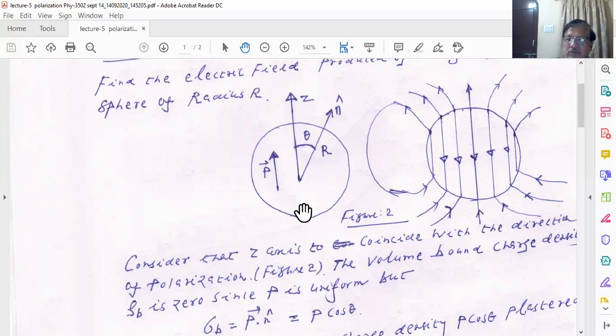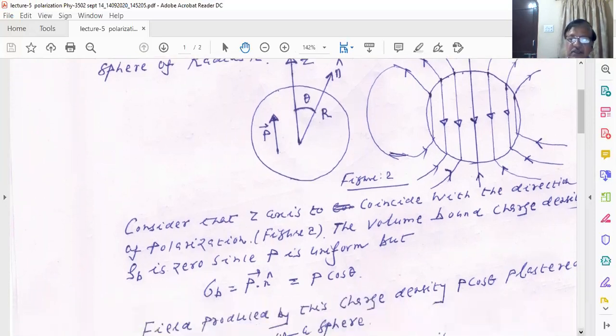So sigma b, the surface charge density of the bound charges, is the scalar product of the polarization vector P with the unit vector n, given as P cos theta because the magnitude of the unit vector is 1.